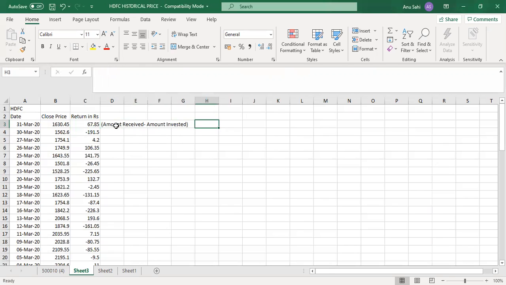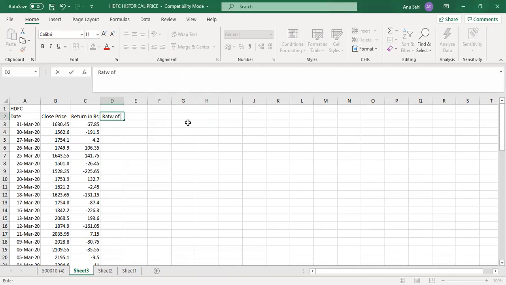Now let us calculate another way of return, that is rate of return. I am just deleting over here. I have written this formula in my PPT. Second is rate of return. Now, if you look at the formula for rate of return, that was closing price minus opening price divided by the opening price, right?